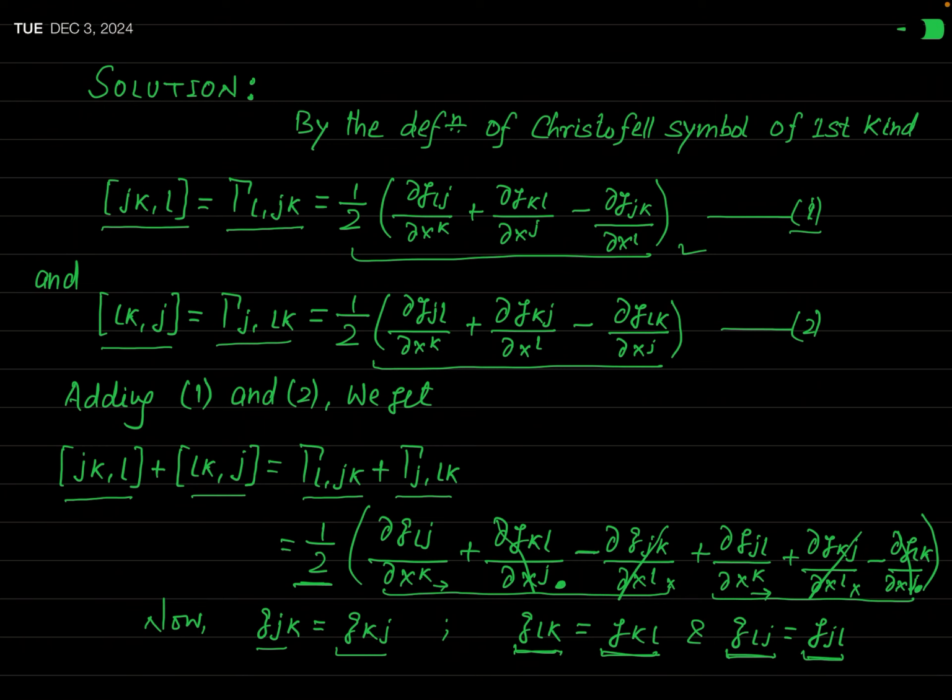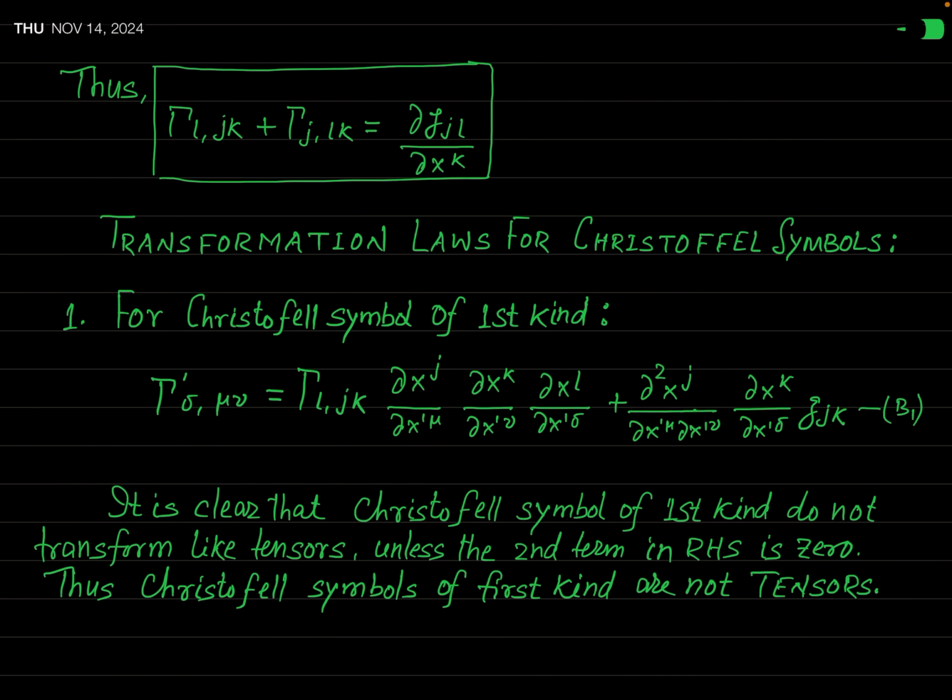So finally what will you get? Finally we get del g_JL by del x^K. So in this way, if you have the definition of the Christoffel symbol of first kind in your mind, you can easily solve this problem, and I think you have clearly understood this solution.